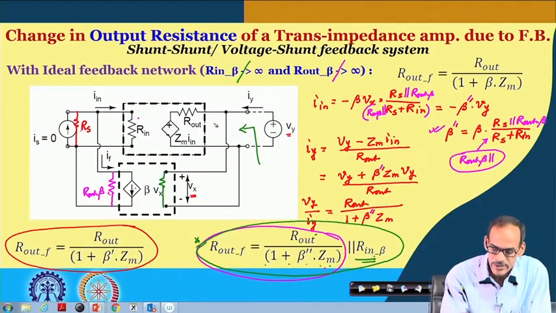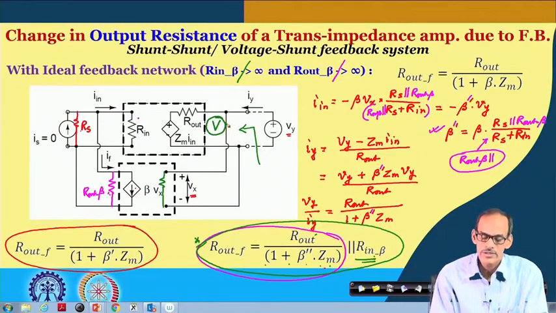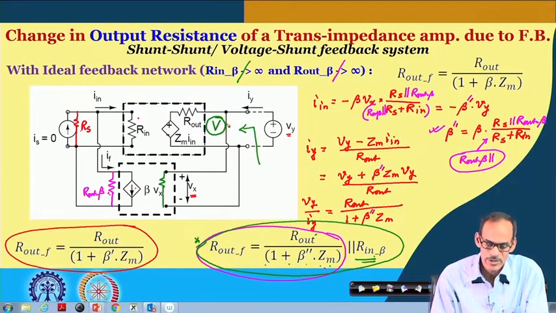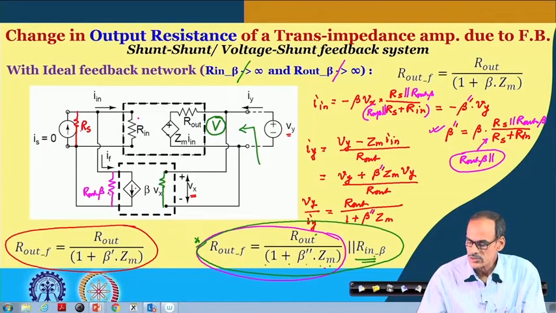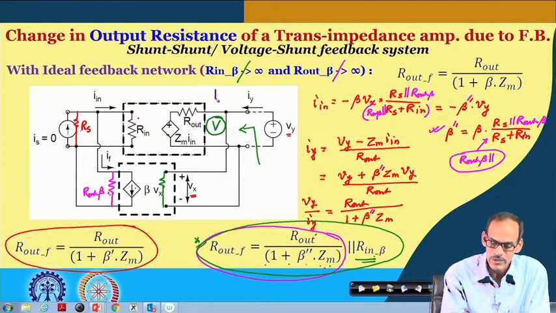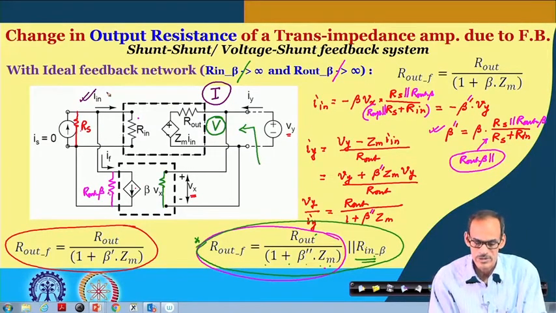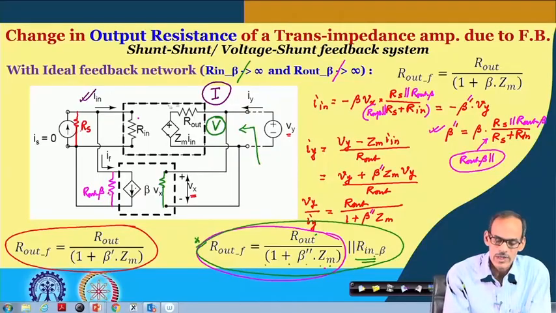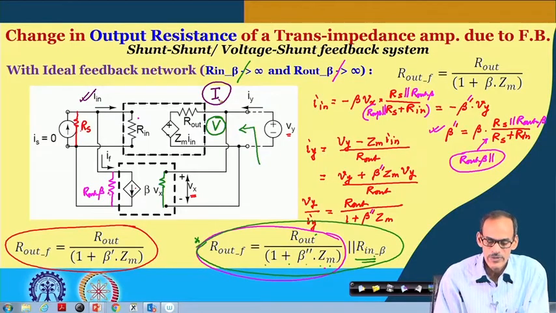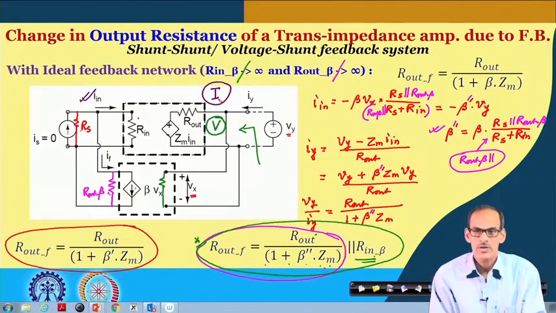So, that is the change of the output resistance, particularly when the output port has a signal in the form of voltage. Now, if we consider the other two configurations, where the signal at the output port is current, whereas at the input port the signal may be current or voltage, we can think of either a current amplifier or a transconductance amplifier.